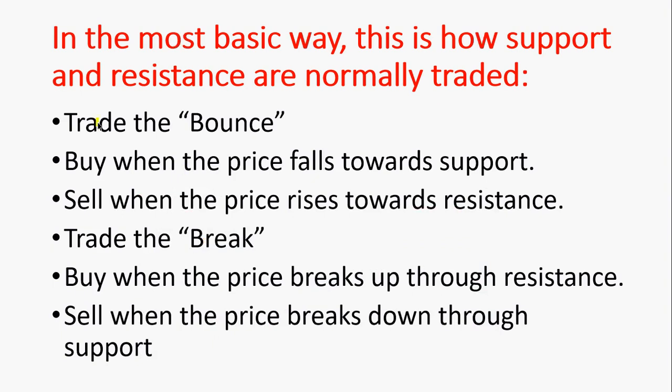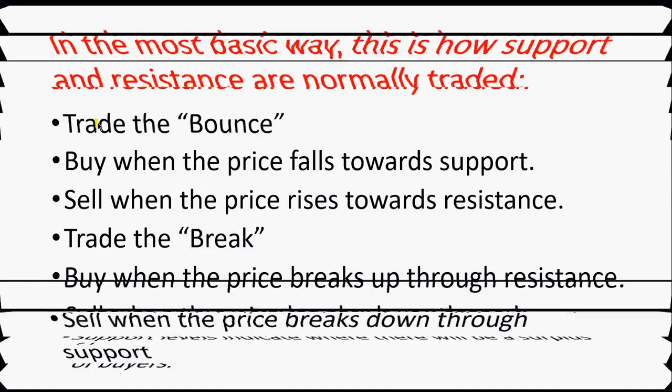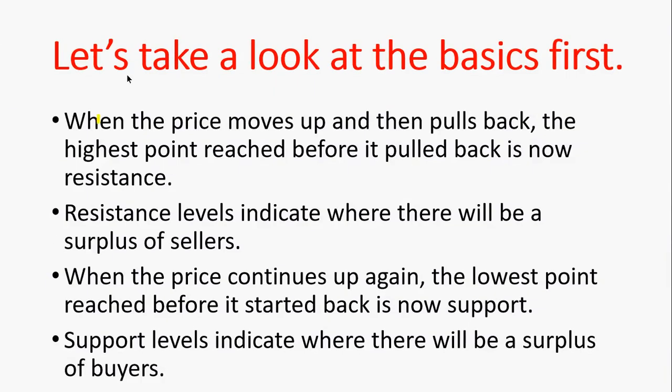Now we continue. What you need to understand when dealing with support and resistance, let us take a look at the basics first. When the price moves up and pulls back, the highest point it reaches before it pulls back is the resistance, depending on the time frame you are looking at.